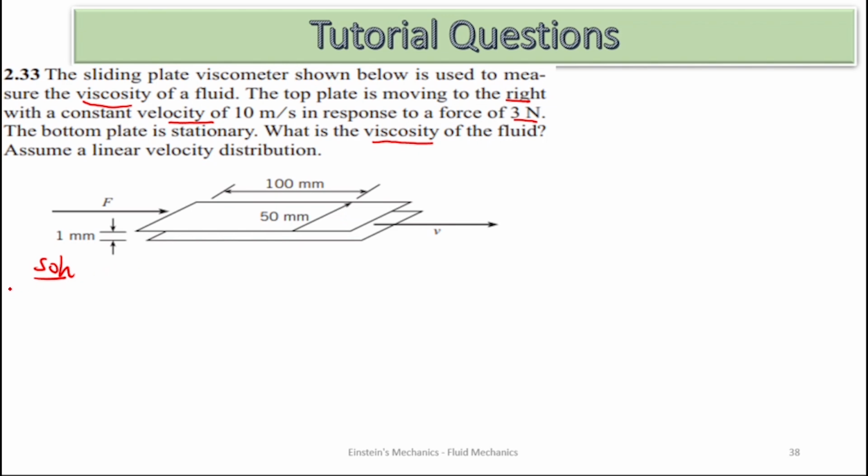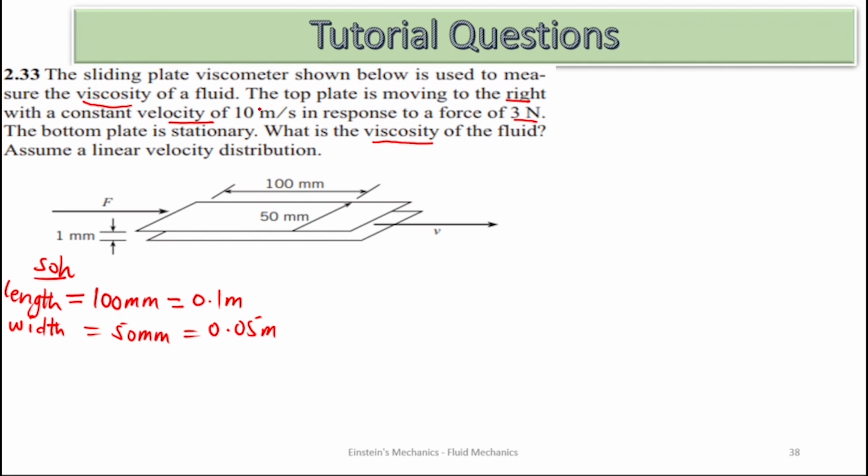So can I say the length is given as 100 mm, which is the same as, we convert it to meters, 0.1 meters. We also have the width given. Pay attention, I have to take my time and go through. We have 50 millimeters, which gives 0.05 meters.